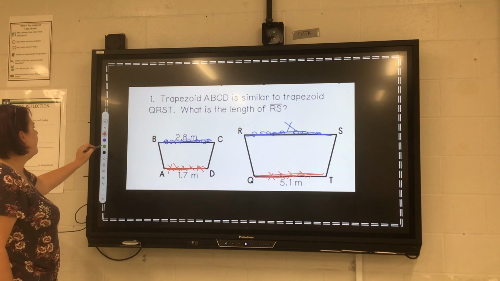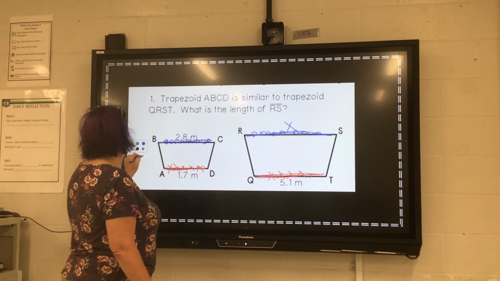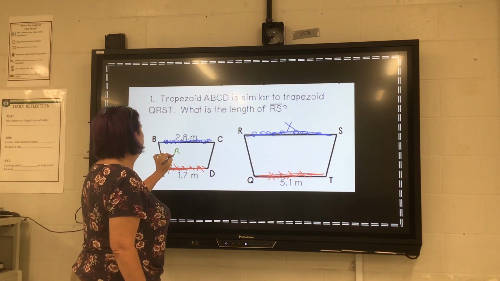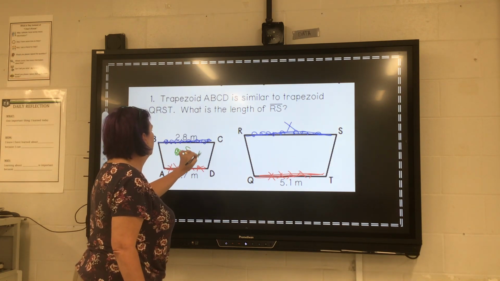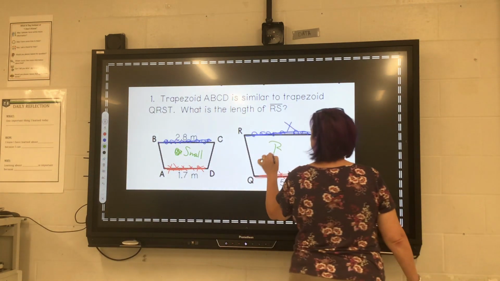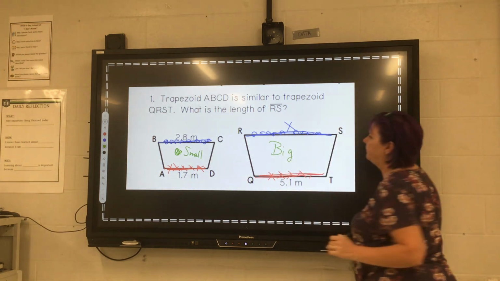Okay, I'm also going to label this one as my small one, and this is my big one, my big trapezoid.